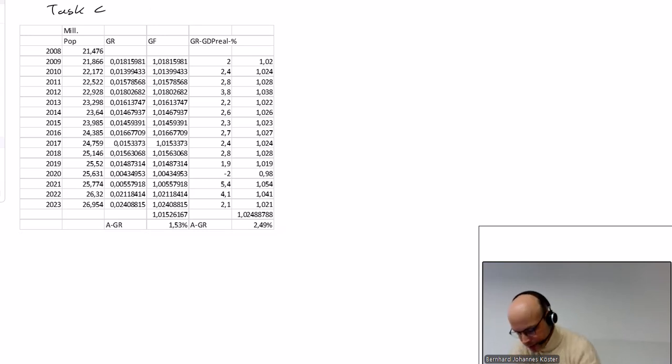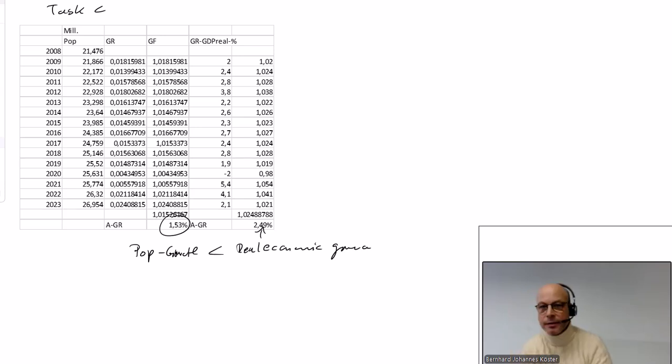Task C. This is my population growth. Real economic growth. And this is less than the economic growth. And then I can conclude that I have an overall increase of real GDP per capita.